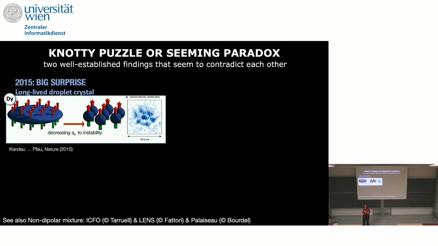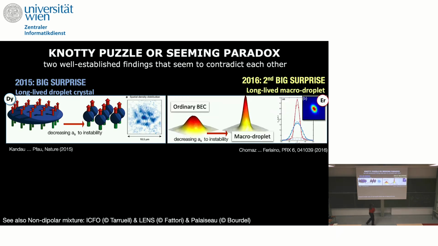This was in one geometry of the trap. Here the blue is the illustration of the trap, which is the pancake type of trap. But you can do the same experiment in a cigar-shaped trap, elongated in this direction, and in particular these experiments are done in this type of trap with the magnetic field in this direction.